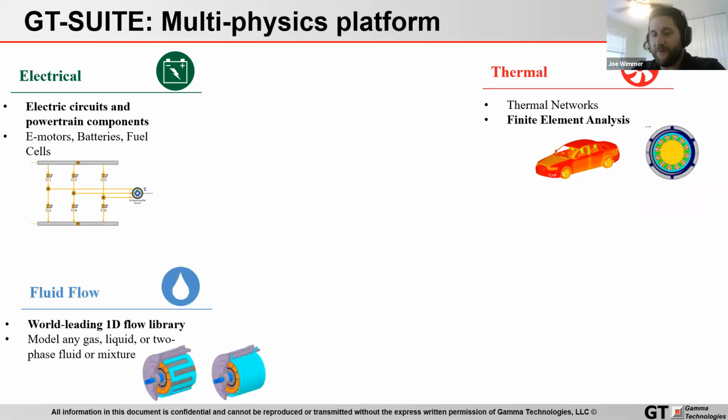We also have fluid flow, and this is the world-leading one-dimensional fluid library. One-dimensional fluid flow means that if you have a pipe, you assume that the entire cross-section of the pipe is homogeneous. With that, we're able to model any type of gas, liquid, even two-phase, as well as air-fuel mixtures, in really any shape of pipe.